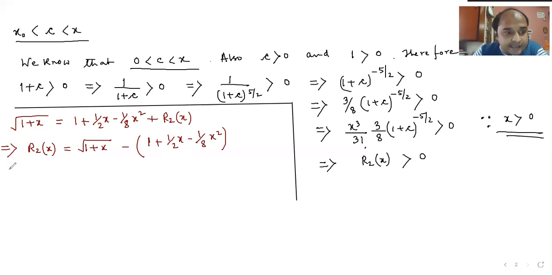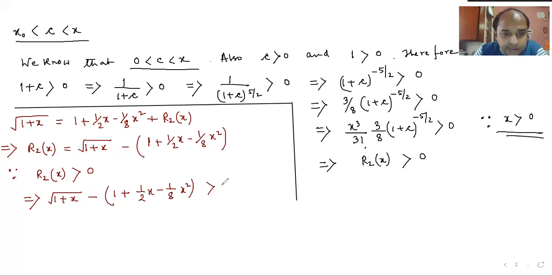Since R2x is positive, this implies square root of 1 plus x minus 1 plus half x minus 1 by 8 x square is positive, and this implies square root of 1 plus x is greater than 1 plus half x minus 1 by 8 x square.